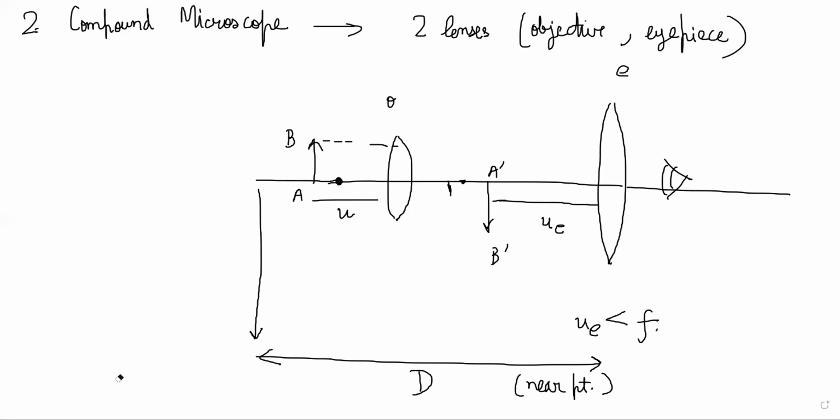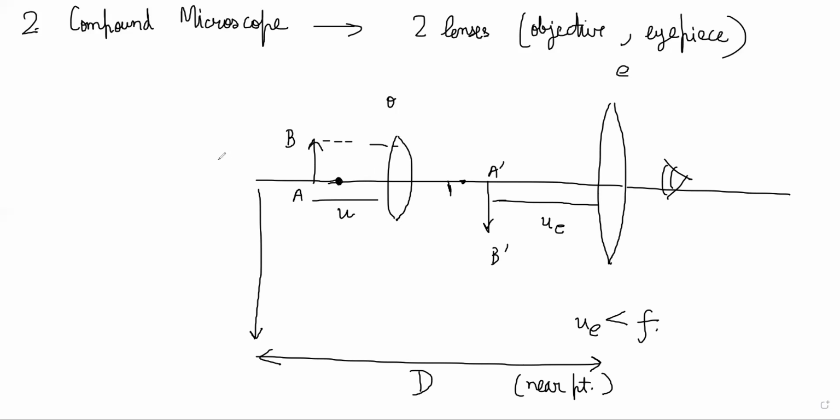So the overall magnification of the compound microscope will be the product of the magnifications of the first and the second. So first there will be this magnification due to the objective, and there will be the second, the eyepiece's magnification.